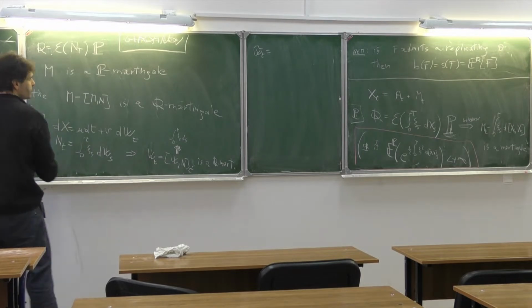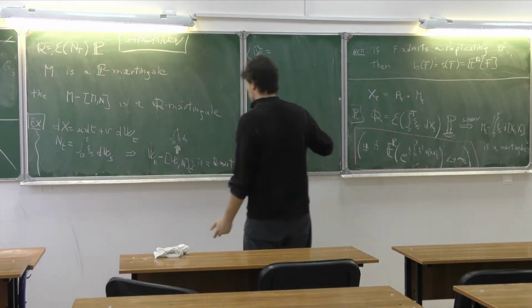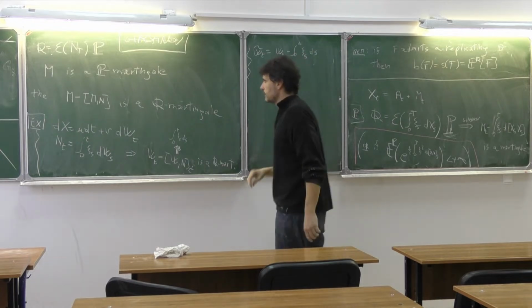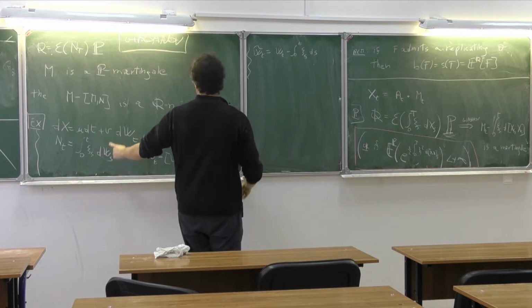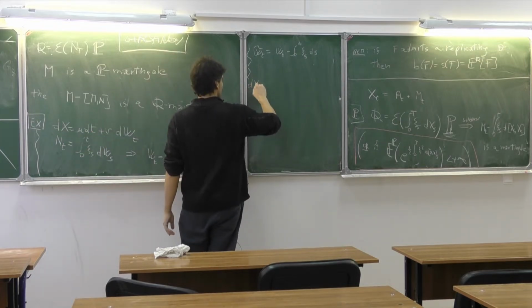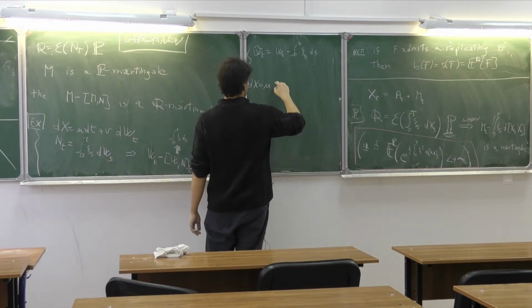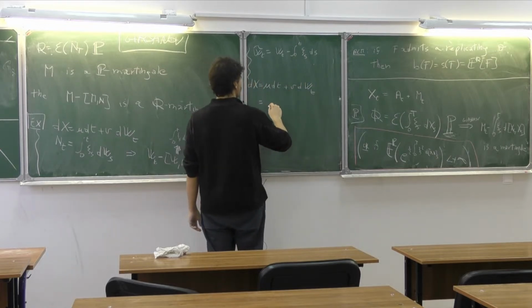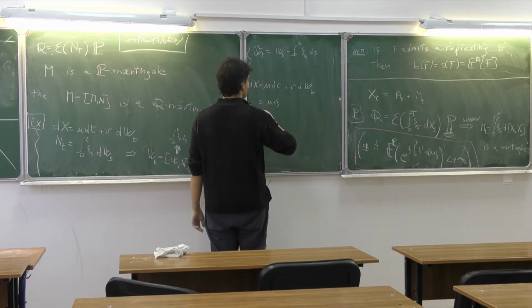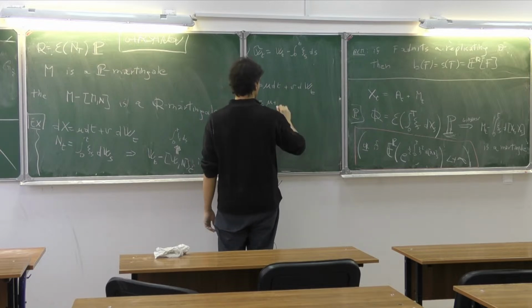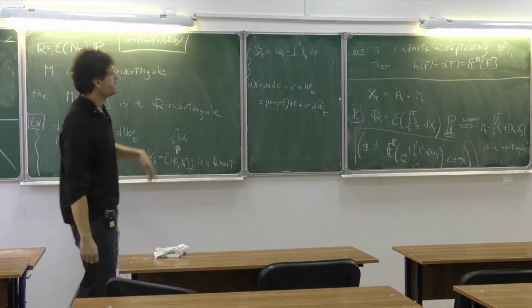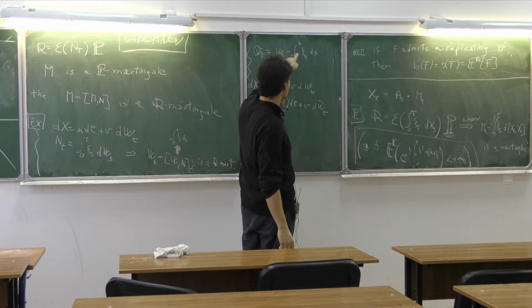If I call W tilde_t these things, W_t minus the integral of psi_s ds, dX will be u dt plus v dW_t, and that's equal to u plus v psi dt plus v dW tilde_t. dW tilde is dW minus psi dt.